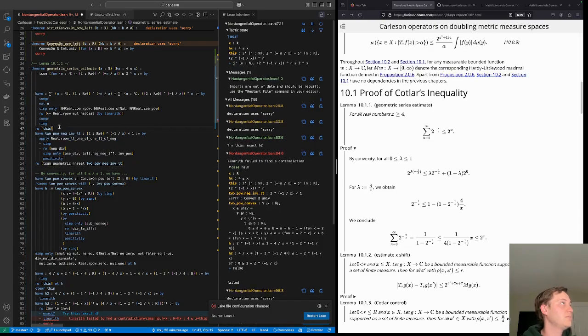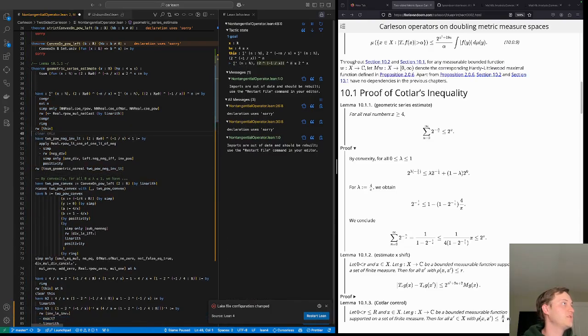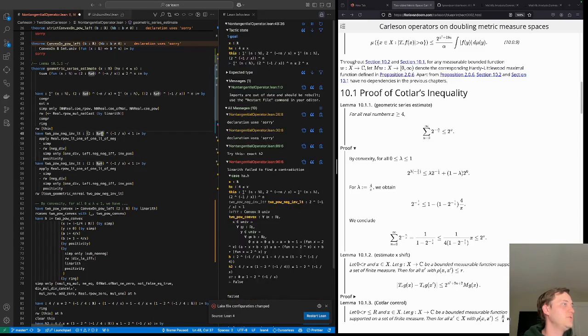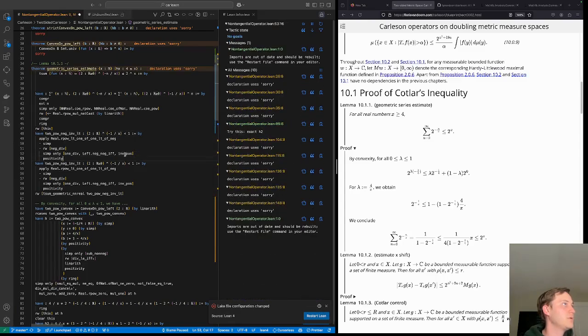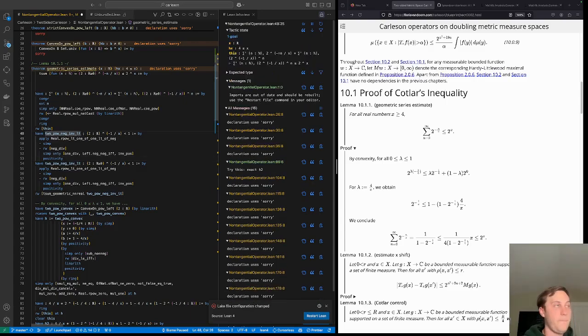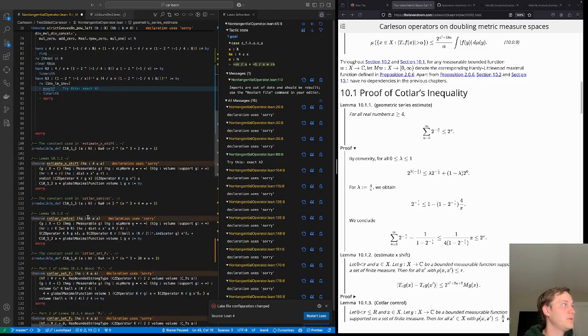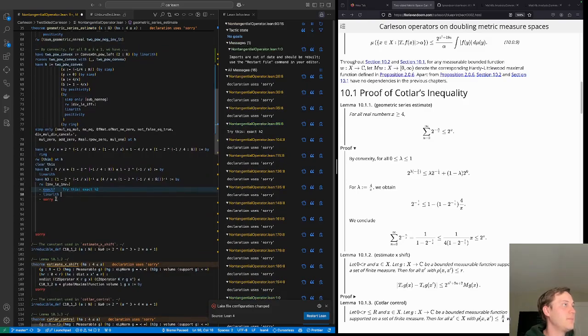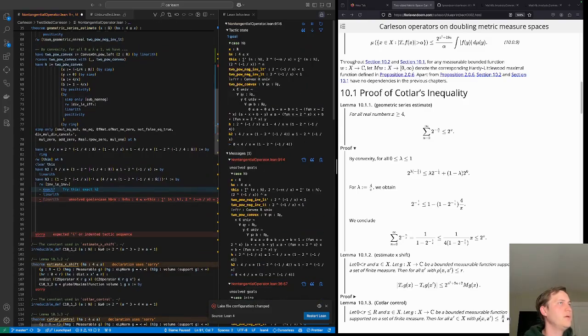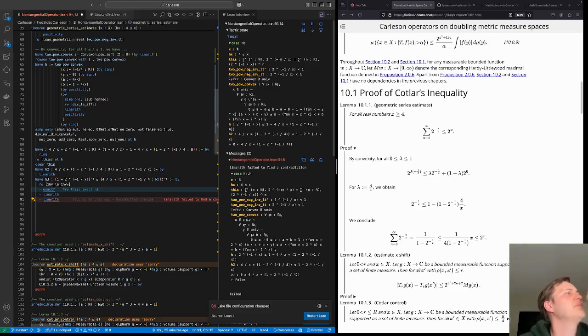Copy, paste. Let's prove this whole thing for a real number. And now does the linarith work? Yeah. And we proved that this is greater than the other one, right? The thing that confuses me is, shouldn't this be linarith? Because we have 4 over x times this here.